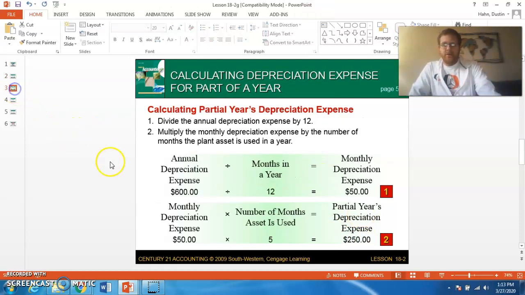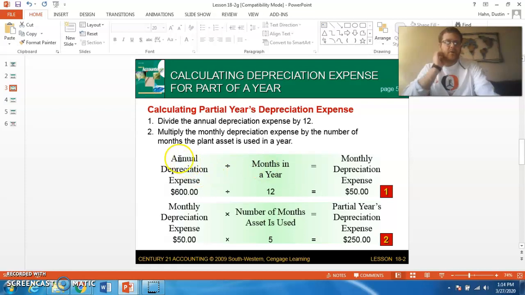Now with that $600, we want to break this down, because it doesn't always happen that if you buy a car you keep it for the exact amount of 1 year or 2 years or 3 years. Sometimes you keep it for 2.5 years, or 20 months, or 39 months. So now we want to break this number down into a monthly number.